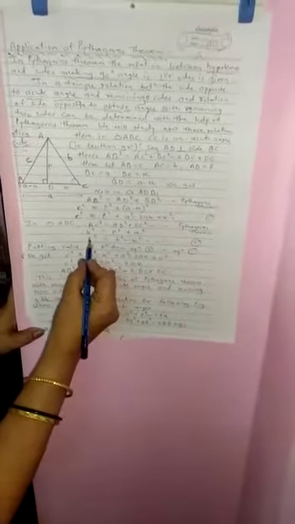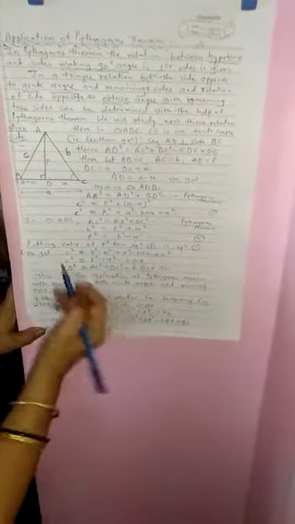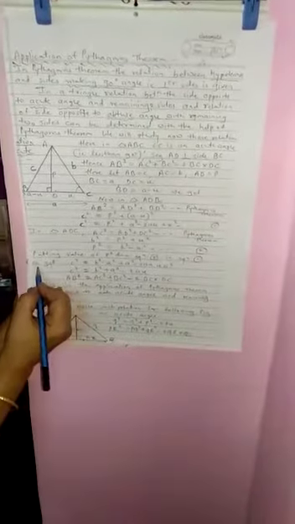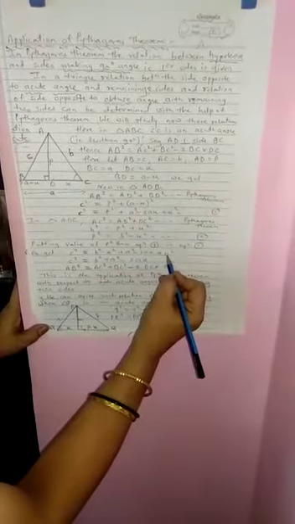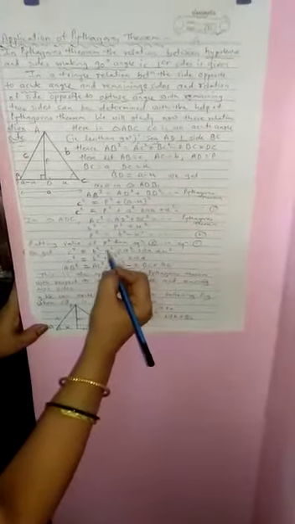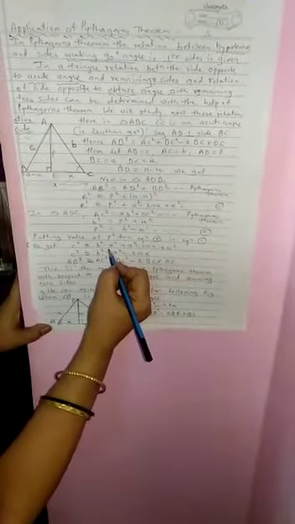Now we have to put the value of p square from equation 2 into equation 1 and simplify. What are we getting? c square is equal to b square minus x square plus a square minus 2ax plus x square. Plus x square and minus x square are equal and opposite, so they cancel.